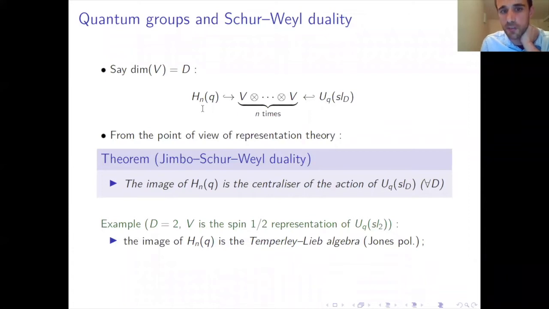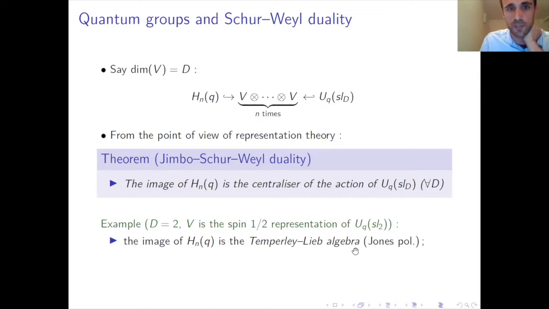It's the image of the Hecke algebra which is the centralizer. It doesn't have to be a faithful action. In other words, there is a kernel. So the image of the Hecke algebra is again a quotient of the Hecke algebra. And in the situation where the dimension is 2, for sl_2, this quotient is very well known and it's called the Temperley-Lieb algebra.